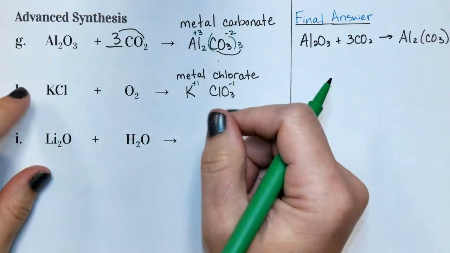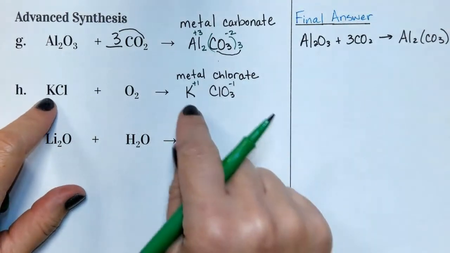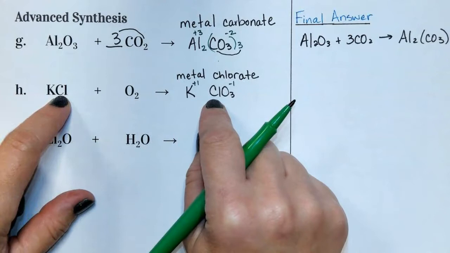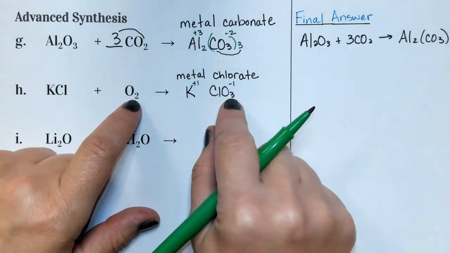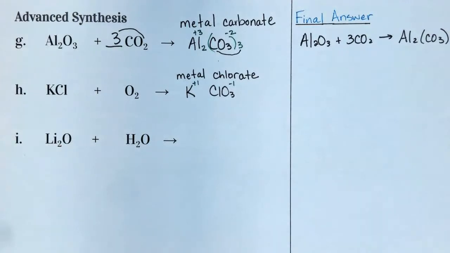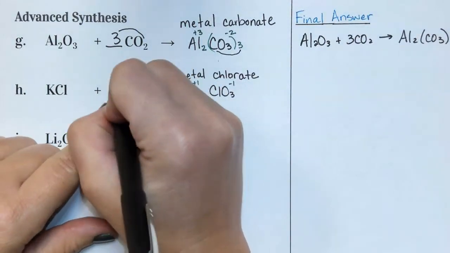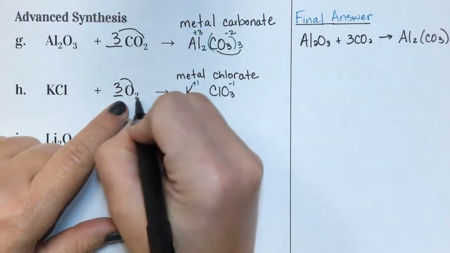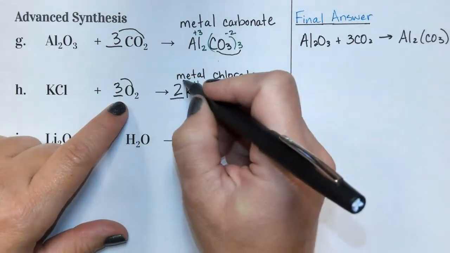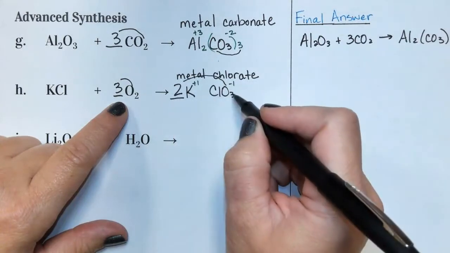And then to balance the equation, we have 1 potassium, 1 potassium, 1 chlorine, but we have 2 versus 3 oxygens. So we're going to use a common factor of 2 and 3, which is 6. So we're going to say 3 times 2 equals 6 oxygens on the left, and 2 times 3 equals 6 oxygens on the right.